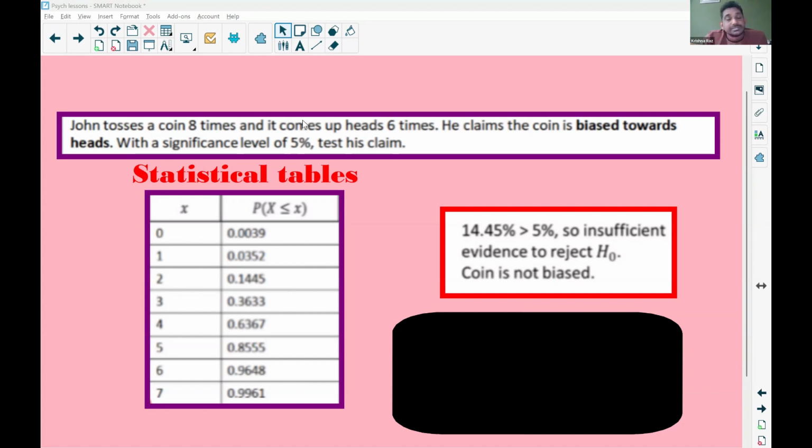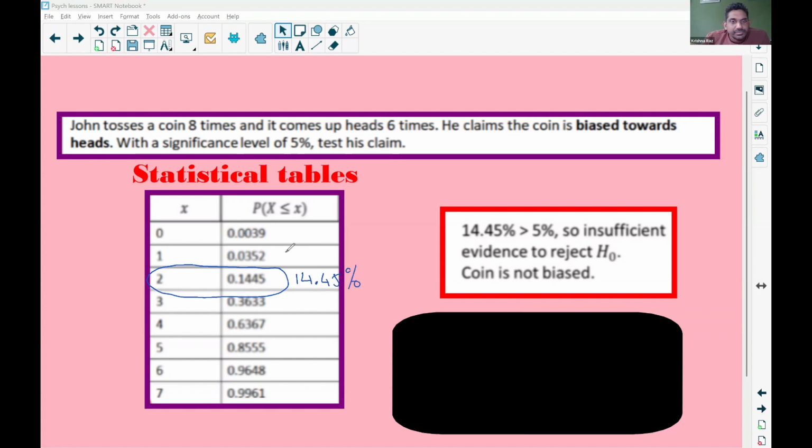So in some instances, maybe it wasn't easy to get a sample of more than 8. So from this statistical table, this is for a random experiment where you have eight outcomes. We can see that the probability of getting 2 is 0.1445. So if we times that by 100, we will get a percentage.